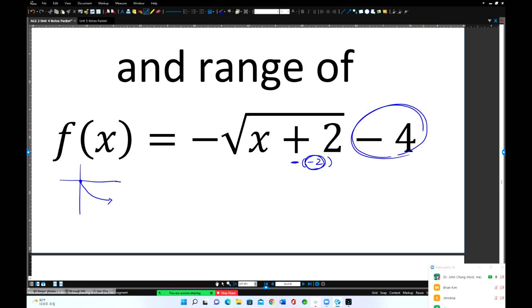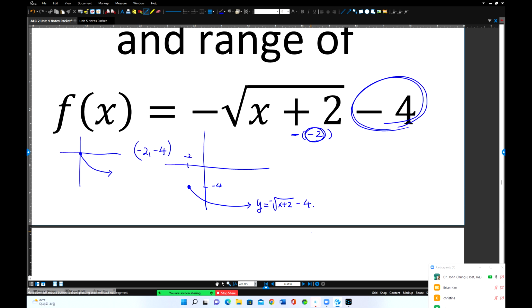Outside, you follow everything. So the starting point is negative 2 and negative 4. But the graph with the minus outside is going down. Where is negative 2 and negative 4? This is negative 2, this is negative 4. This is our starting point, and the graph goes down this way. This is the graph of negative square root of x plus 2, minus 4.